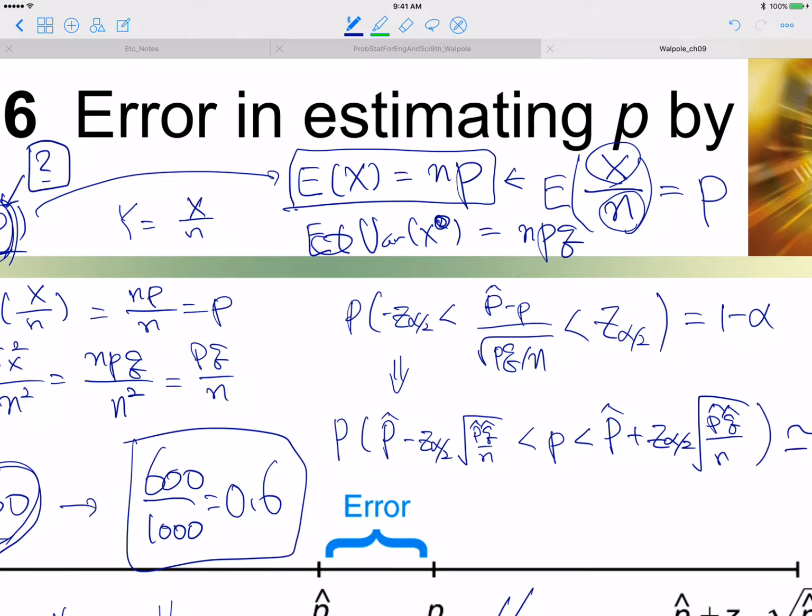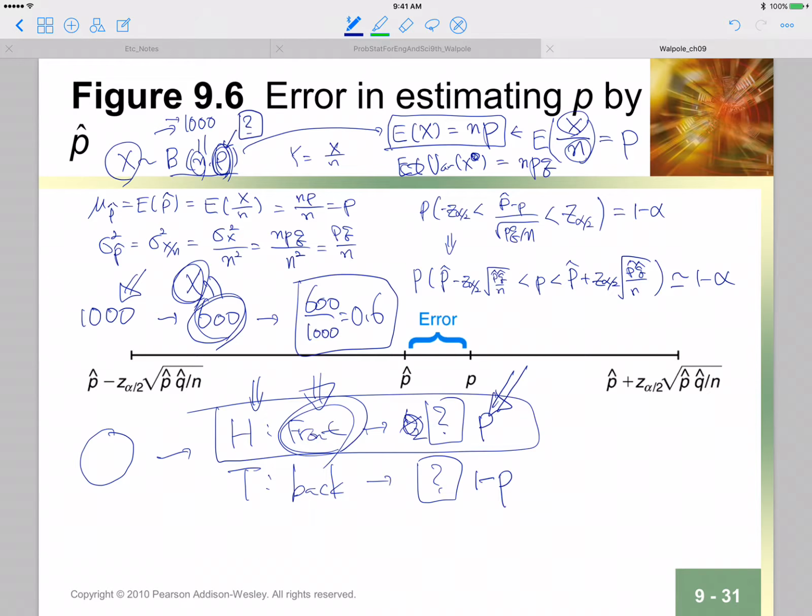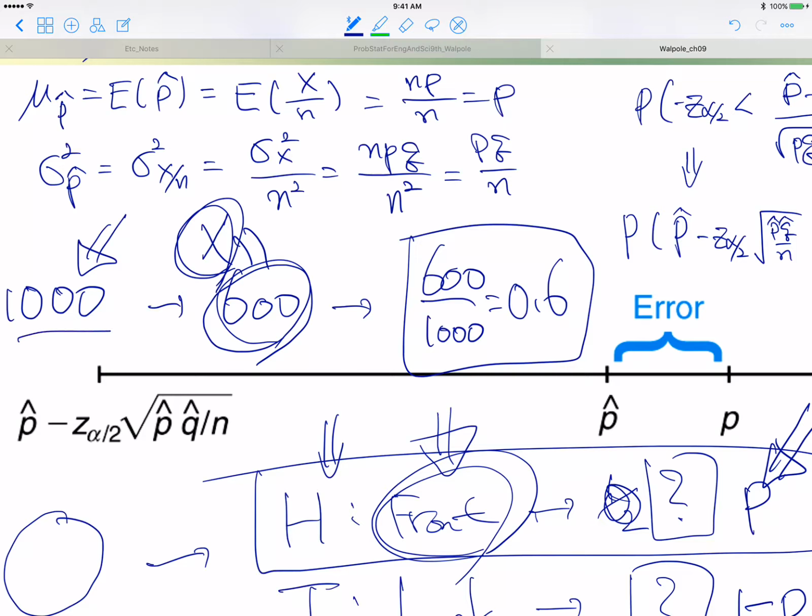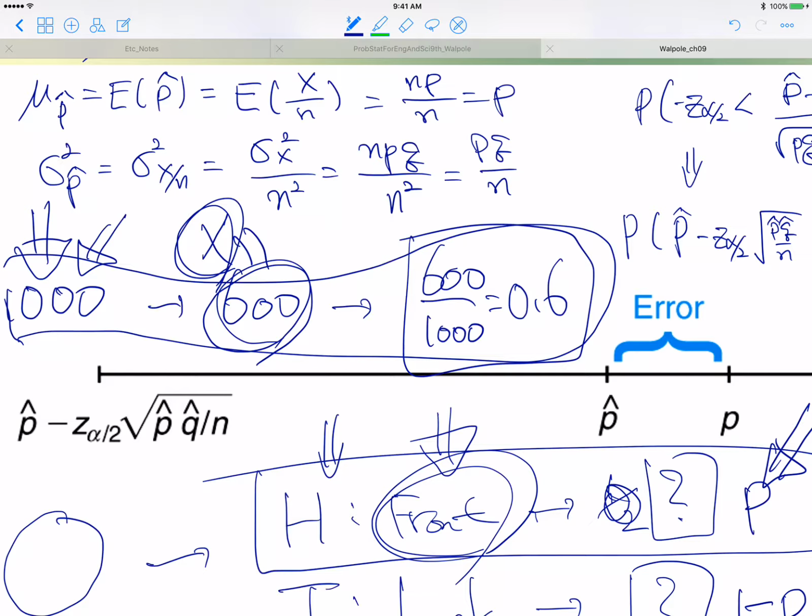So we are considering the exact process that we did here.